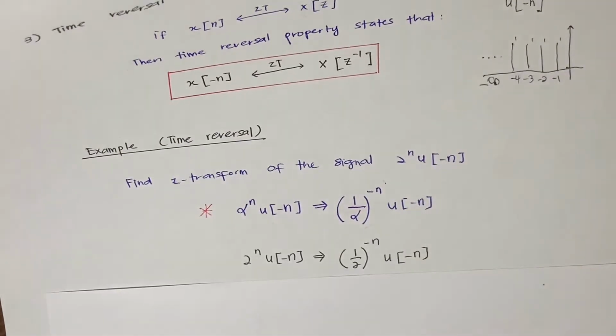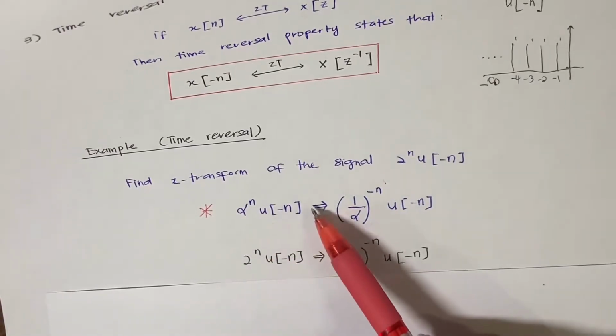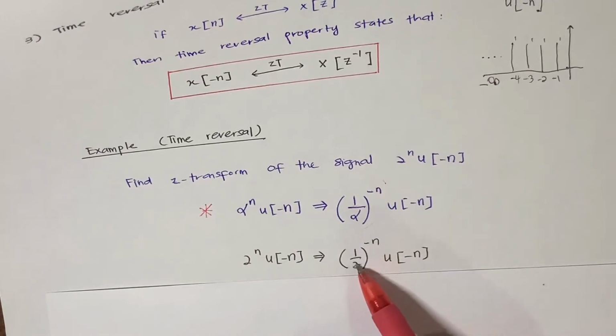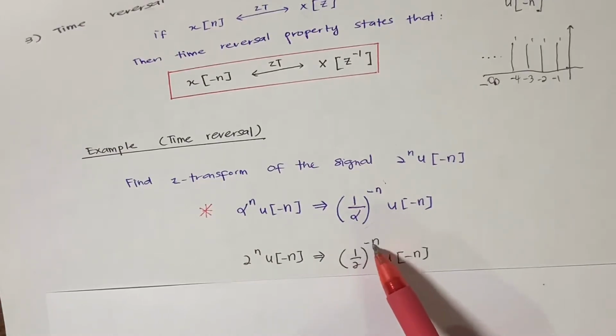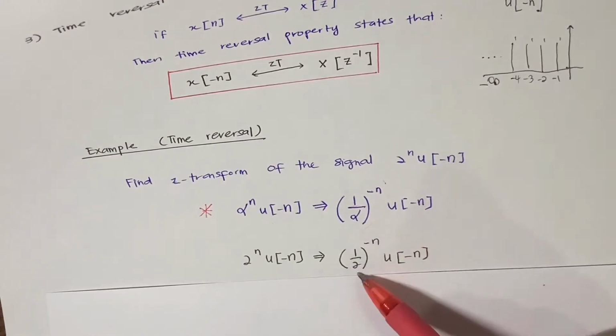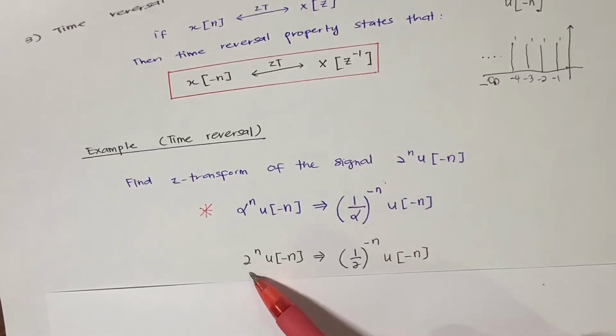Okay, so from 2^n u[-n], following the previous equation, you will get 1 over 2 to the power of negative n. If we rearrange this one, at the end you will get 2 to the power of n. Okay, it is just the same thing.